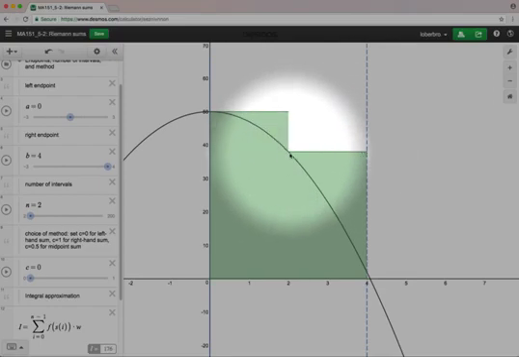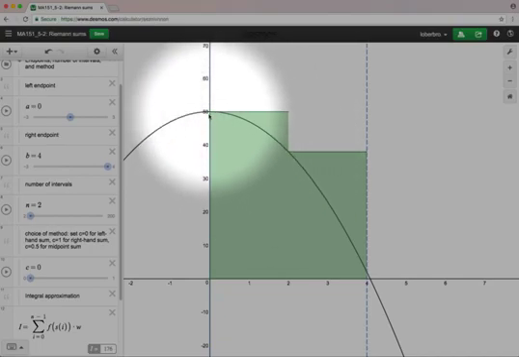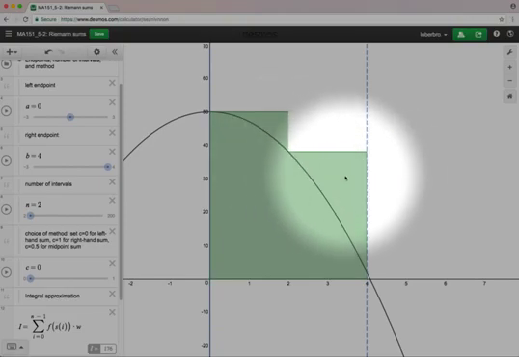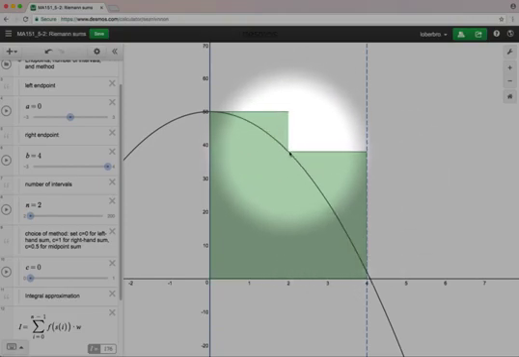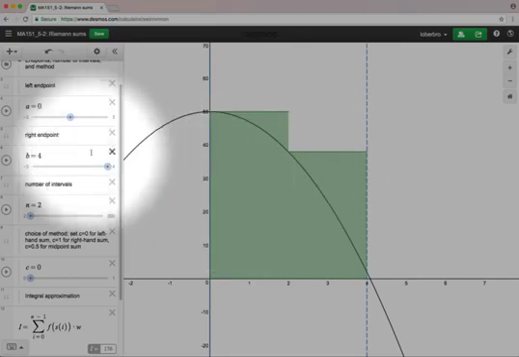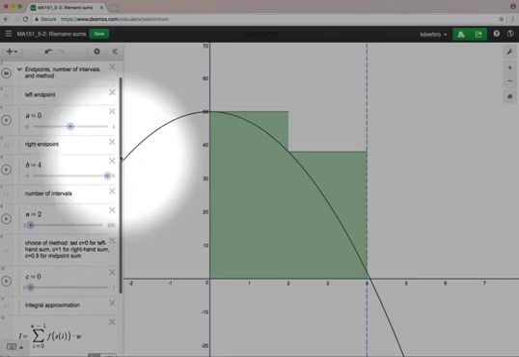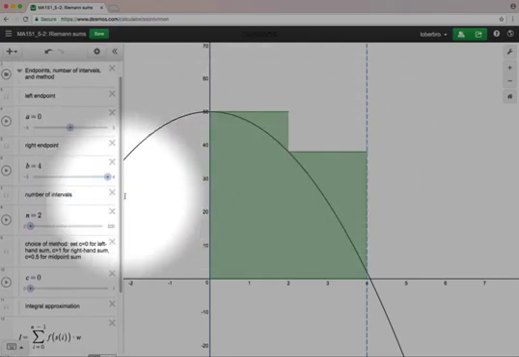That's where our second rectangle is, and we use the left endpoint to determine the height. So we get width 2, height 50. In this case, width is 2 and height is something like 37, or 38 actually. And then we add those up.